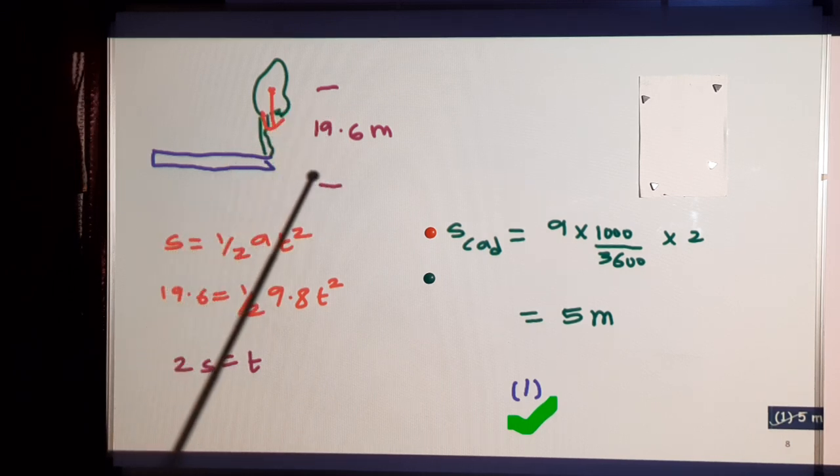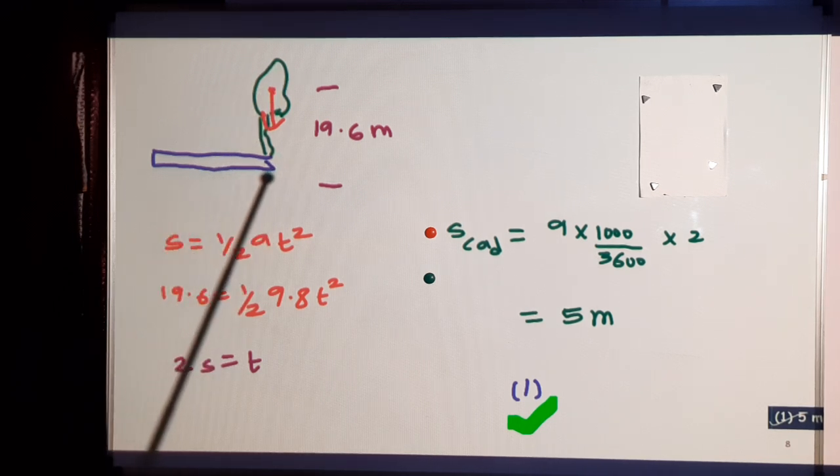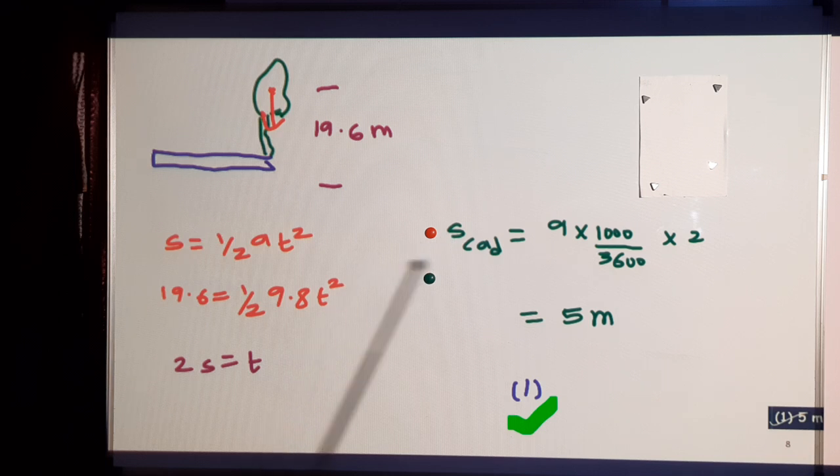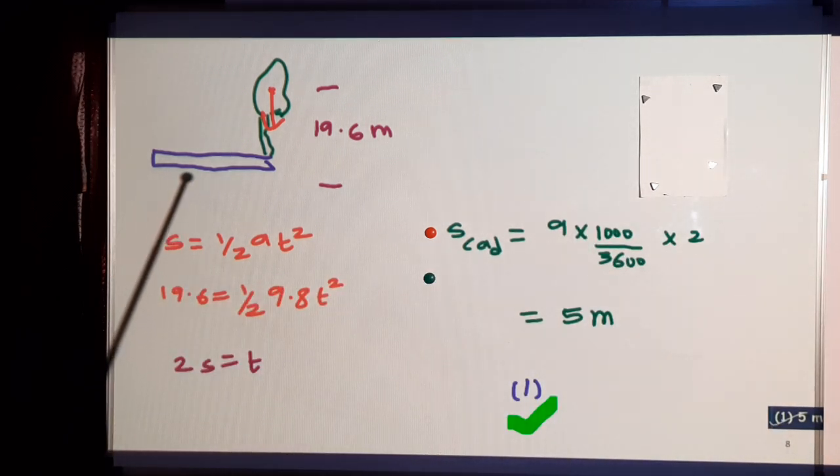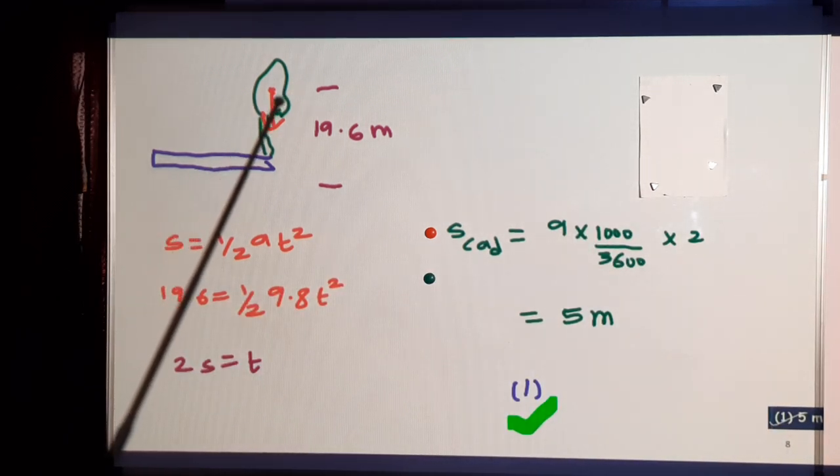It will take some time to come here, which you can find from S equal to ut plus half a t square, where u is 0. So the time for the mango to come from here to here is 2 seconds. Within this time, the cadet would have moved this much distance. The speed is 9 in kilometers per hour; to convert to SI units, kilometers to meter is 1000, and hour to second is 3600. Into the time 2 seconds, that will give me 5 meters. So the cadet who is at a distance of 5 meter at the time the mango is dropped will catch this mango.